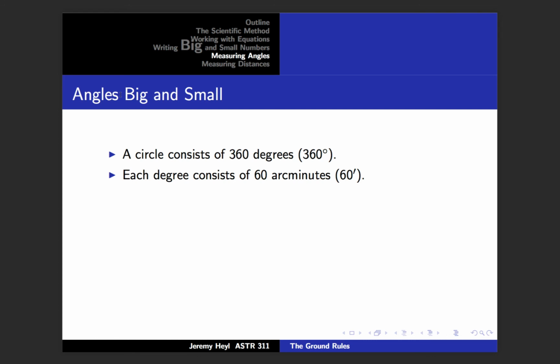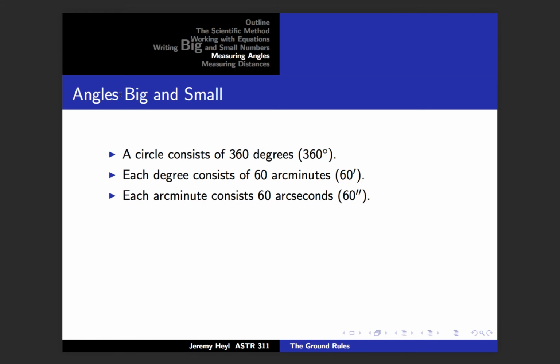And we divide the arc minute further, maybe you can see the pattern. Each arc minute consists of 60 arc seconds. So the ratios are the same, like seconds to minutes, minutes to hours, the same as for time.